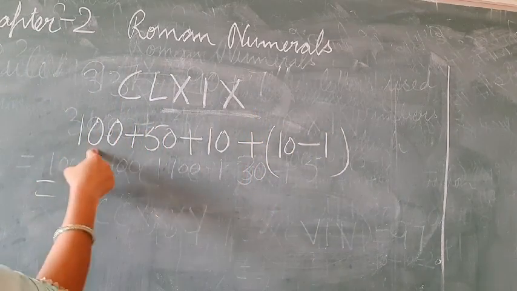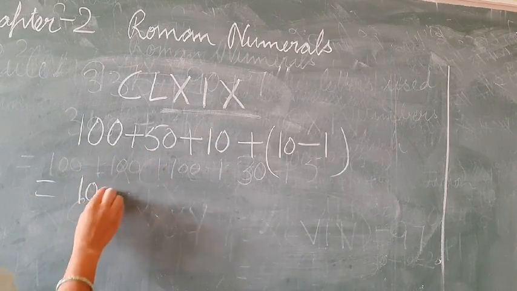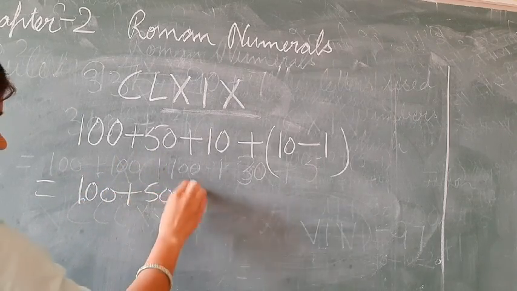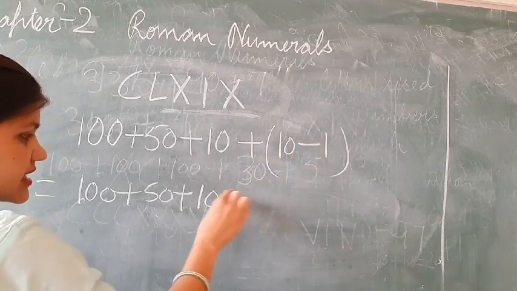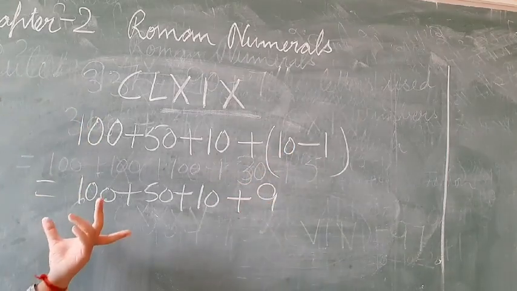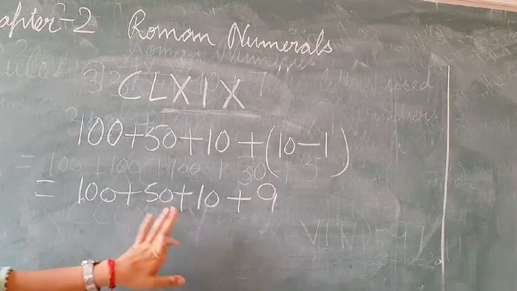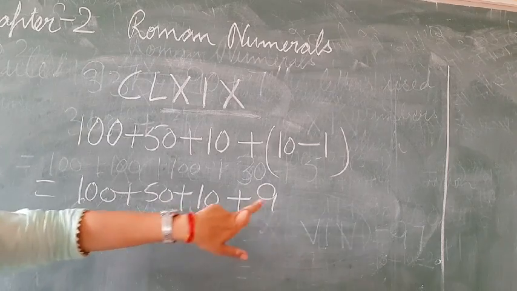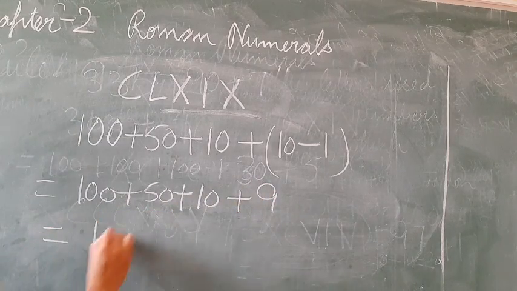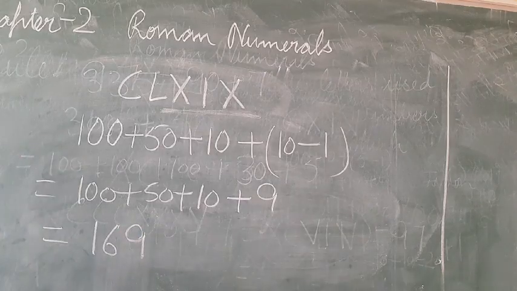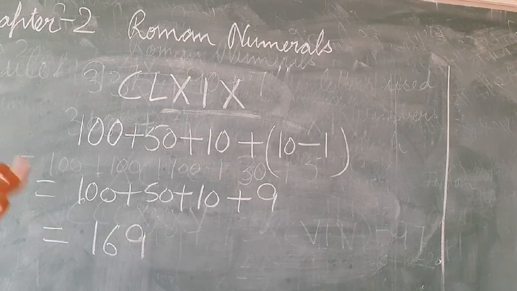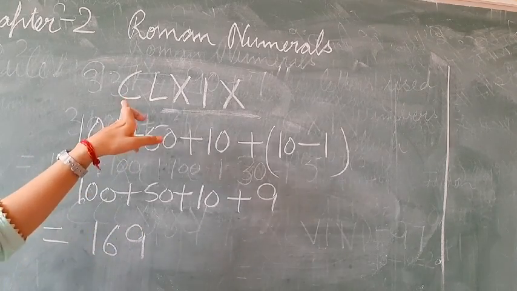This is 100 plus 50 plus 10, 10 minus 1 is 9, 100 plus 50 is 150 plus 10 and 9 is 169. This is 169.